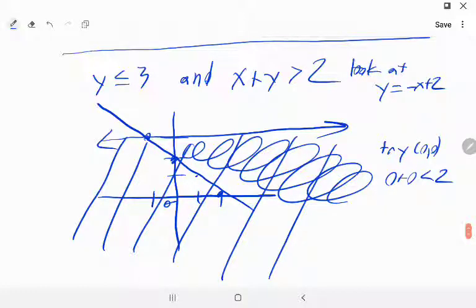Also we have to be careful that it's a greater than, so this has to be a dashed line. And so we notice this swirly shaded region is our solution.